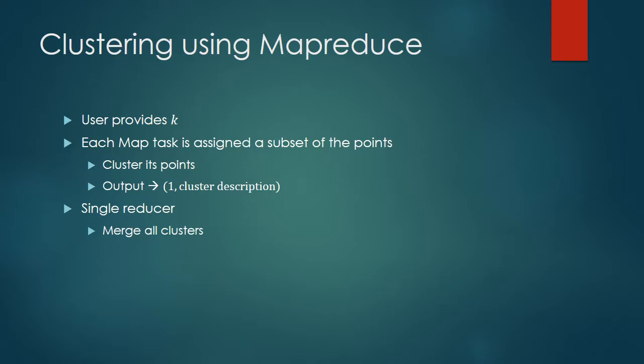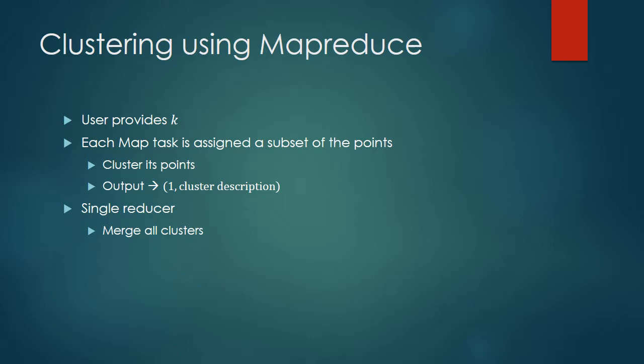So even though I'm saying that we're looking at point assignment, the same ideas, and we'll go into this in more detail later on, but this is just to give you a quick idea: if the user provides K and you start off with a random map, one way to look at parallelizing this is that each map task has a subset of the points, and it's going to independently generate K clusters, or maybe more than K clusters, right?